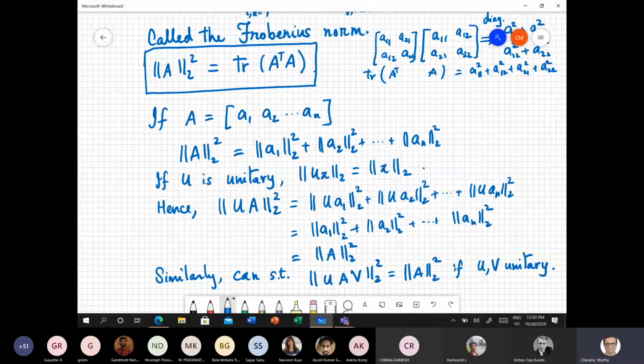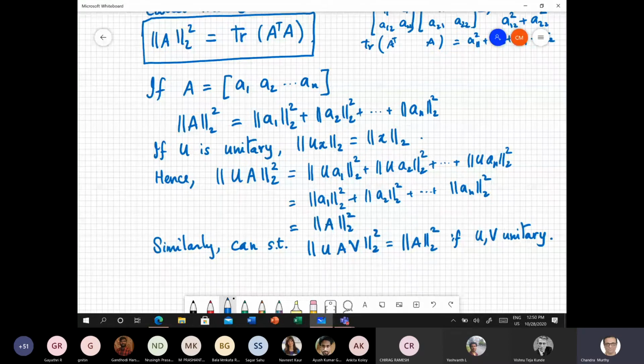Okay. So basically this Frobenius norm is invariant to left or right multiplication by a unitary matrix.